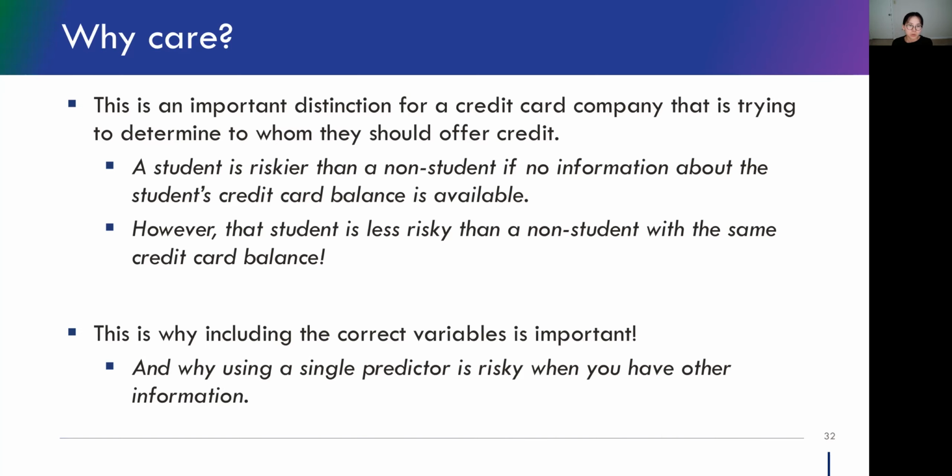But that student is less risky than a non-student with the same credit card balance. The information matters. This is why including the correct variables is important. This tells us using a single predictor is sometimes risky, and when you have other information, it's better to use more information when building the model.